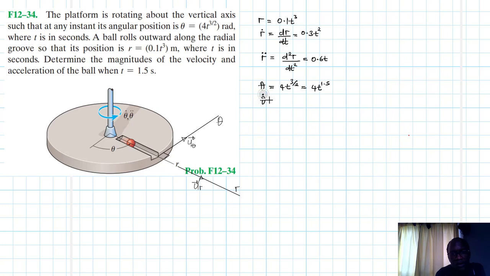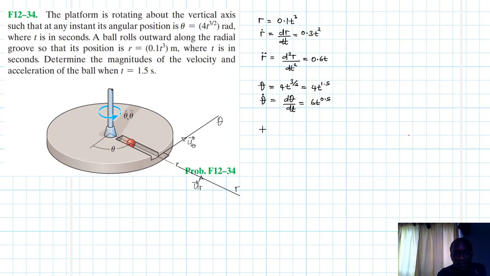Then theta dot, which is d theta/dt, we multiply 1.5 by 4, which is 6, so this becomes 6t to the power 0.5.